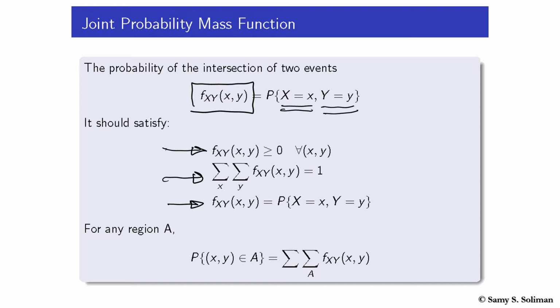Then we proceed similarly as before: the probability that the two random variables X and Y take a value in the range defined by A is the summation of the PMF for all the values in region A. And again, since region A is defined by X boundaries and Y boundaries, that's why we have two summations here, summation over the values of X and summation over the values of Y.